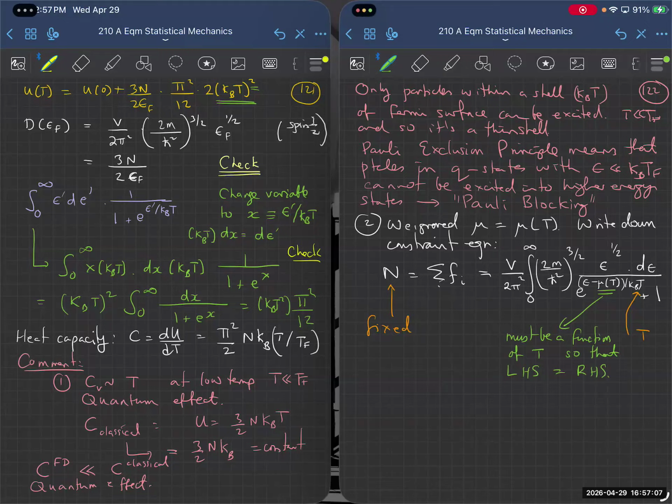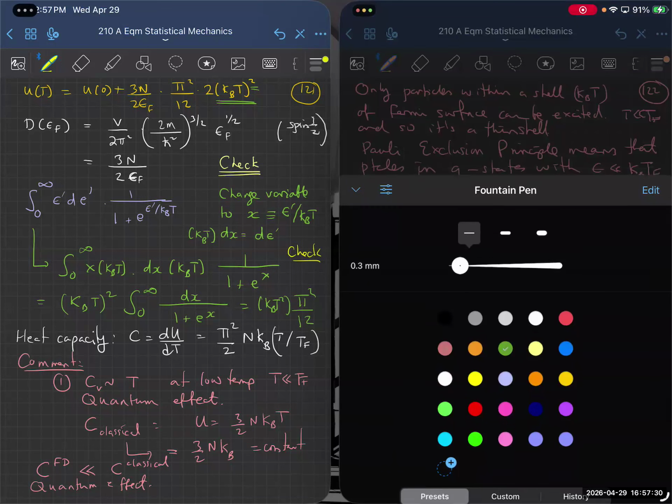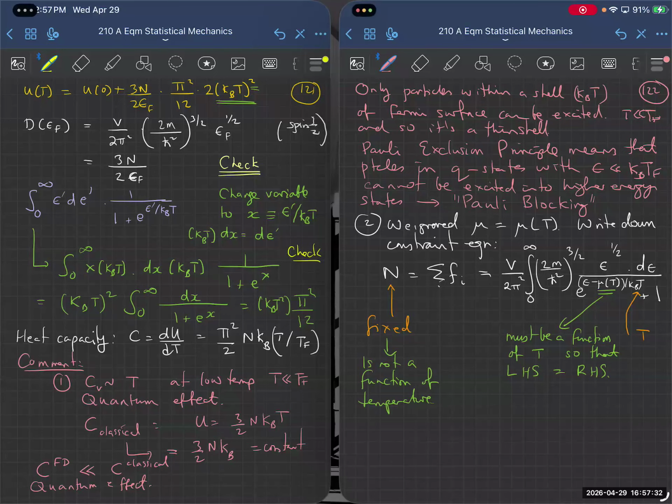Why do we need that? Well, this is fixed and therefore is not a function of temperature, well, certainly not a strong function of temperature. I want to be precise. And so then what we can do is solve this equation in some way, let's say numerically, in order to find out what mu is as a function of temperature.